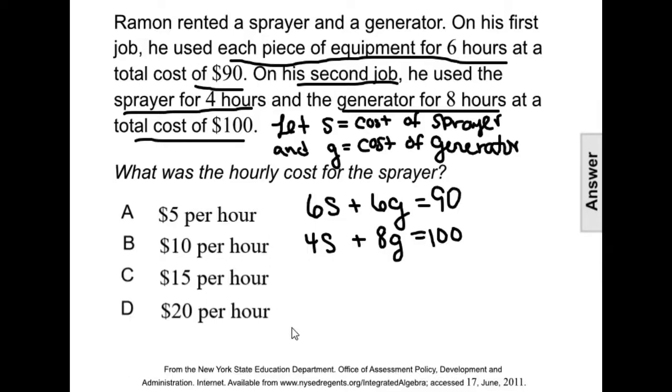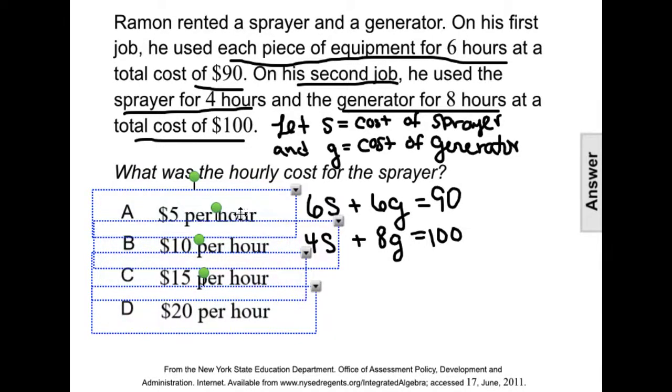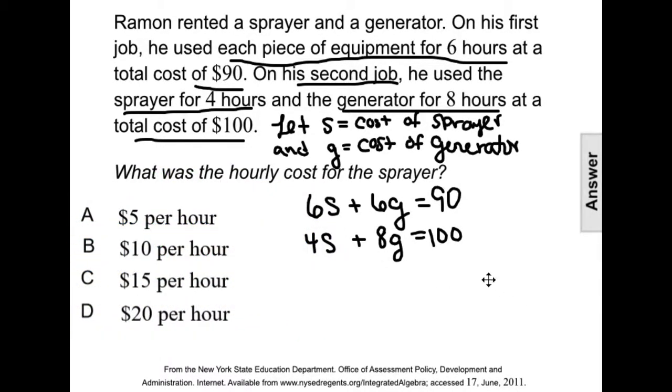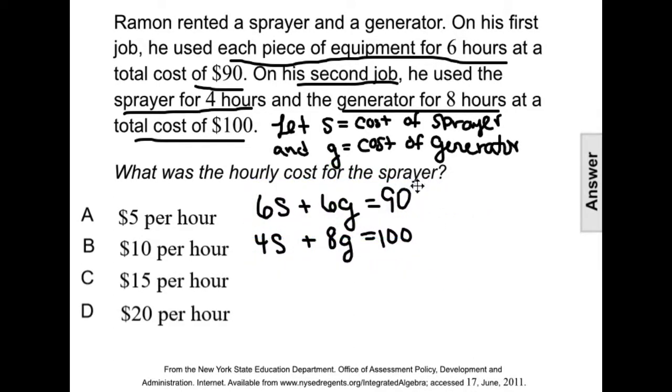It would be best to solve this system using elimination. So let's get some room for elimination. Now, we don't automatically have opposite coefficients, but if we multiply the top and bottom equations, we can make opposite or common coefficients.